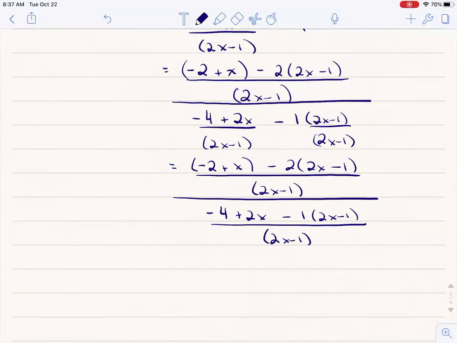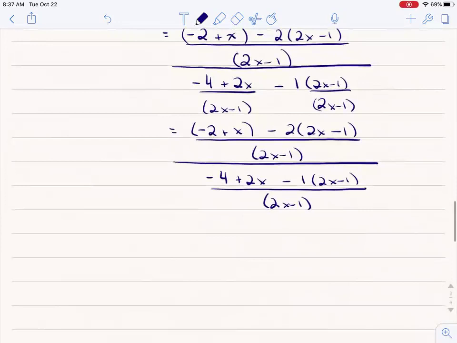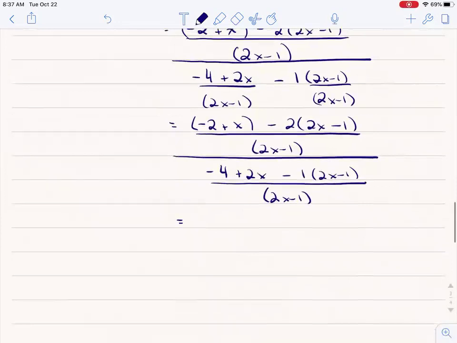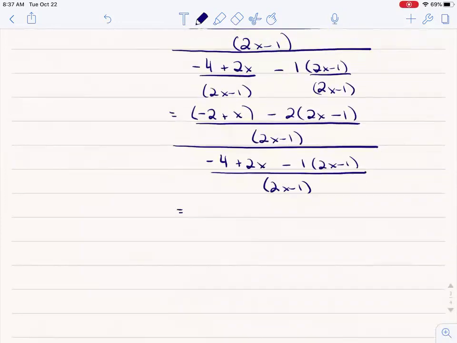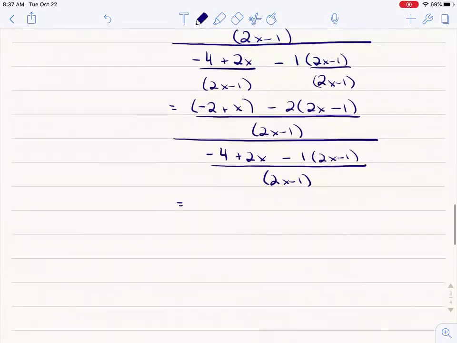So now I'm going to clean up these numerators, in both the numerator and the denominator, so that I don't have to lug all this stuff around. And yeah, you definitely could have cleaned it up at any point, as long as you're careful. So we've got negative 2 plus x, there's nothing I can do there, but then I've got minus 2 times 2x minus 1, so I can expand that in.